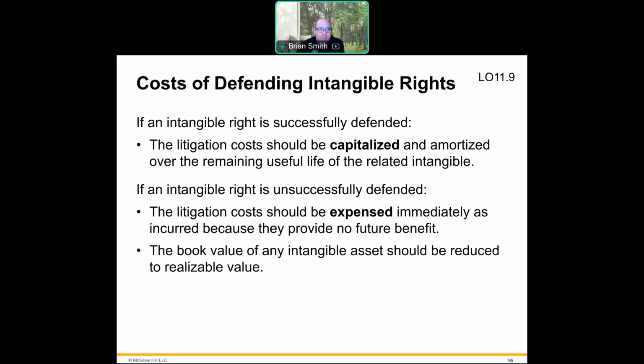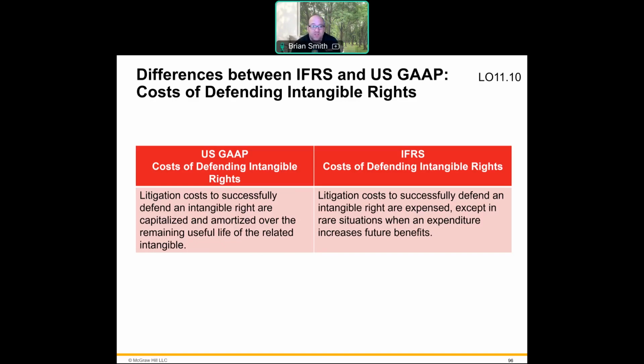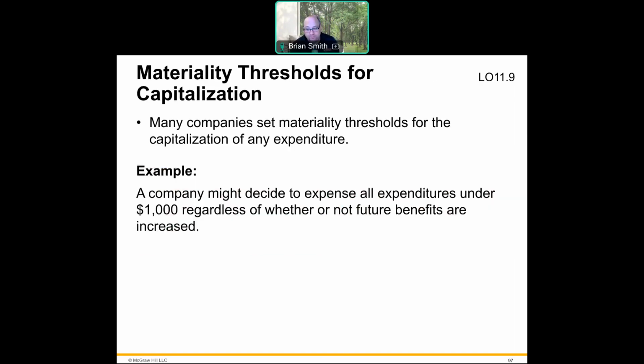If I remember correctly, if it's successfully defended, you can capitalize and amortize it over the remaining useful life of the intangible. If it's not successfully defended, you expense it immediately. Bottom line, it's a cost you don't want to have to defend, but a lot of people like to try and steal your patents, so make them pay for it because they're the ones stepping on your toes.